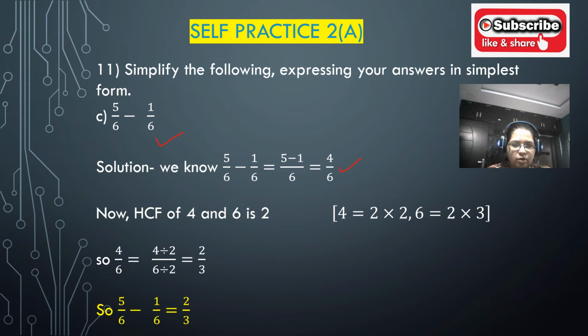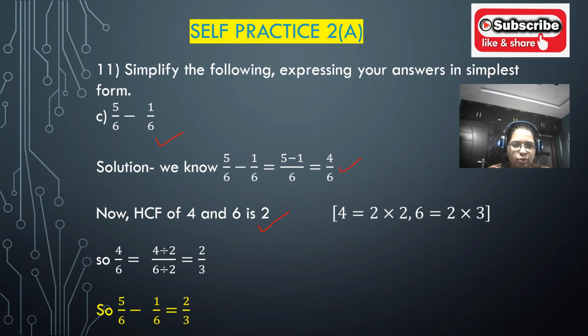So here we have to find the highest common factor of 4 and 6. We know the prime factorization of 4 is 2 multiplied by 2, and the prime factorization of 6 is 2 multiplied by 3. So between 4 and 6 the common factor is 2. So the highest common factor of 4 and 6 is 2.